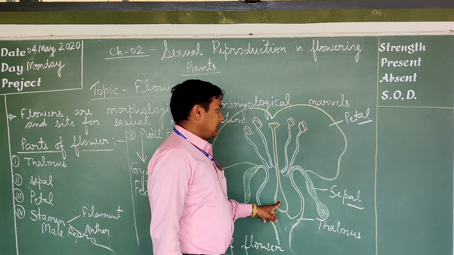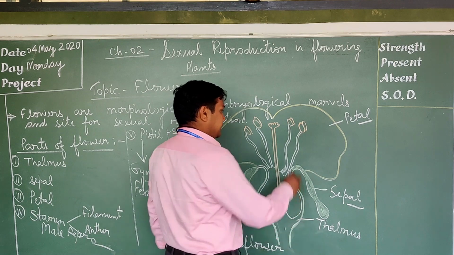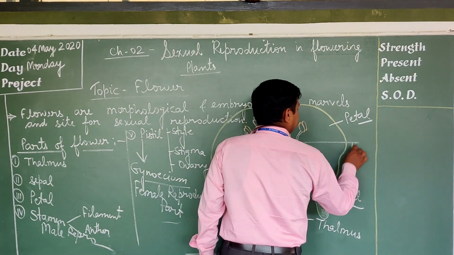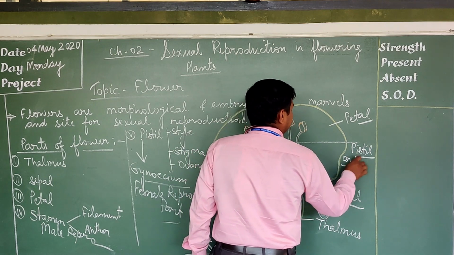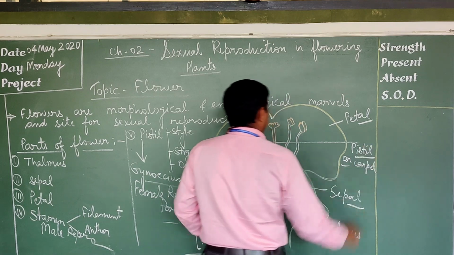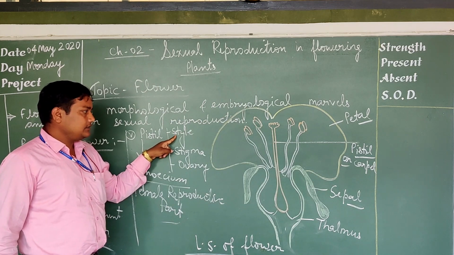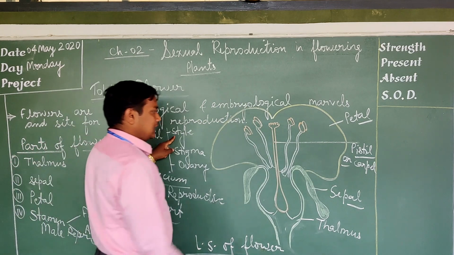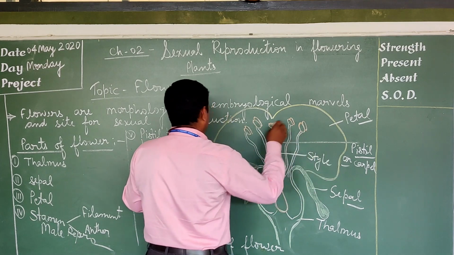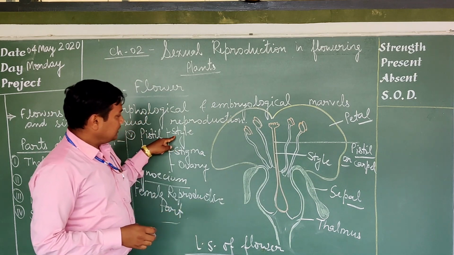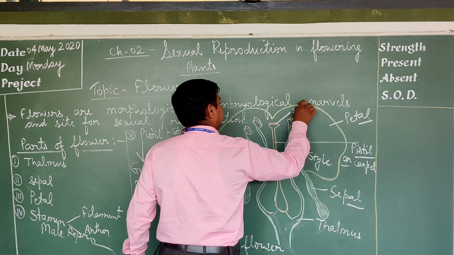In the center of the flower, there is a long cylinder-like structure. It is known as the pistil, or carpel. And the pistil is divided into three parts. First is the style. Style is the long stalk-like structure. And on the upper side there is the stigma.